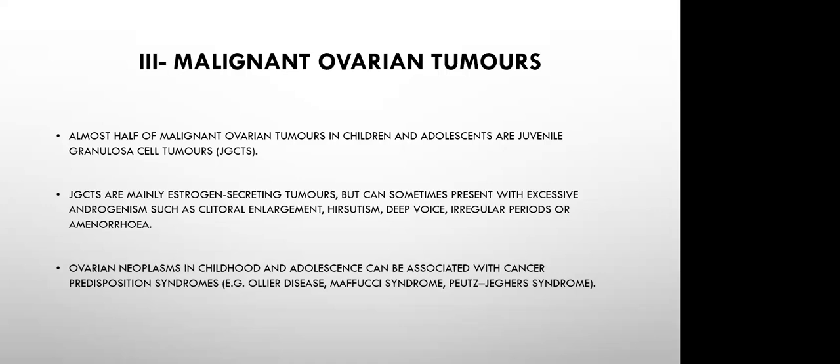We have different sources of estrogen in the body, but the majority of estrogen is formed in granulosa cells of the ovary. Then in granulosa tumors, we have an excess production of estrogen. This excess production of estrogen will be reflected on the patient as endometrial thickness and abnormal vaginal bleeding.